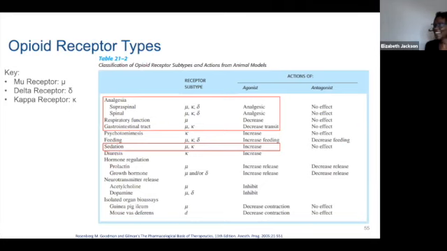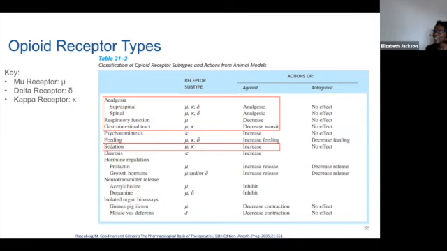This slide depicts opioid receptor types. It might be hard to see, but as you can see, the respiratory function is affected by the mu receptor, and once that receptor is activated, that can cause a decrease in respiratory function.